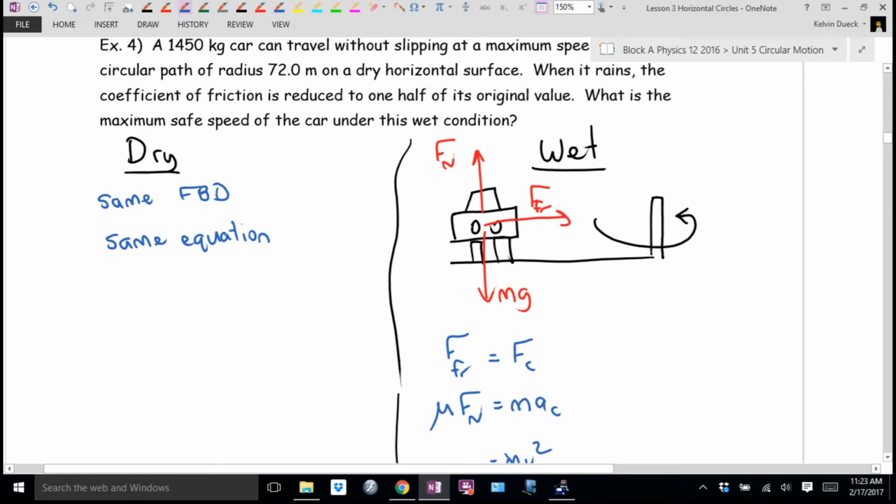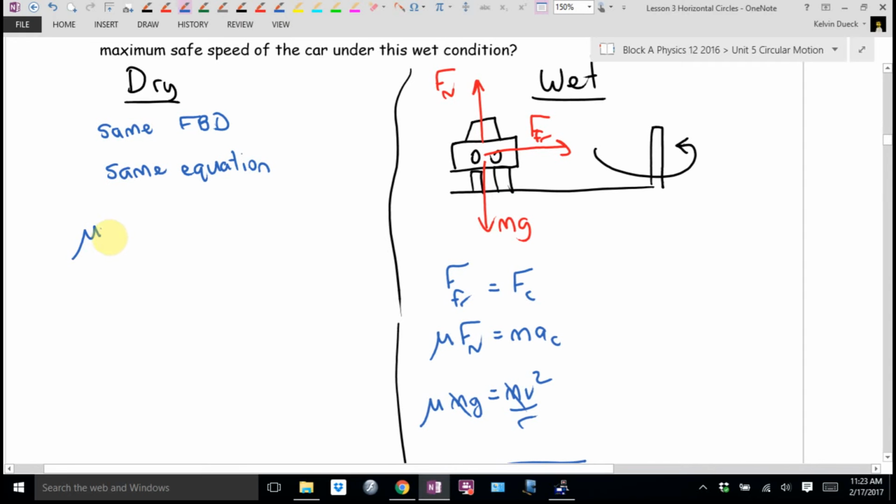Except, what do I want to find on the dry side? I want to find the coefficient of friction, mu. And then I'll just divide it by 2, and I've got the number for the other side. You okay with that? So I think we're going to end up with mu mg equals mv squared over r. Once again, the mass cancels.